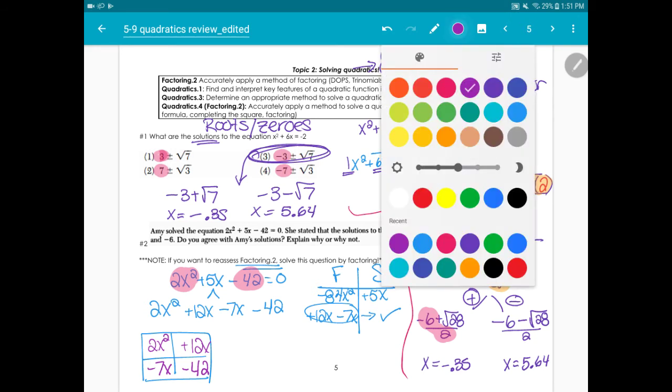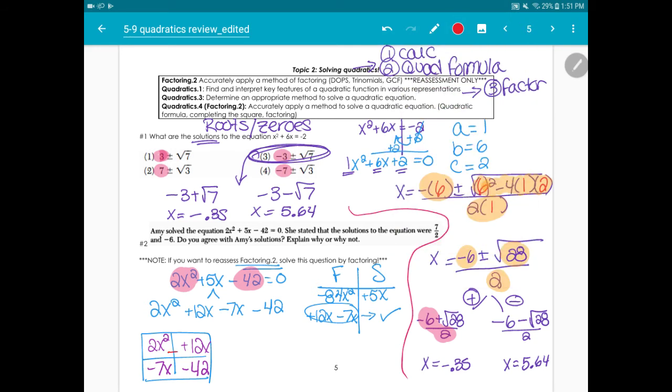If I check these two, my GCF is going to be 2x, which means this one would have to be 1x, because 1x times 2x gets me 2x squared. This one is 1x, which means I need a -7 here in order to get -7x. And 2x times 6 is going to get me 12x.